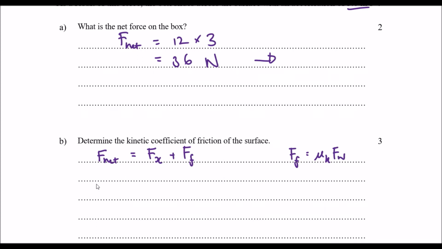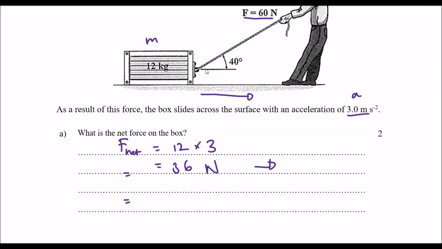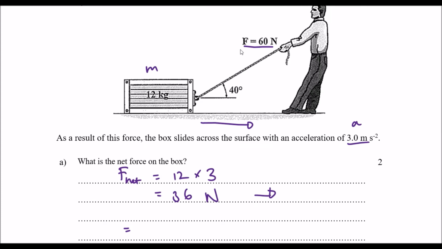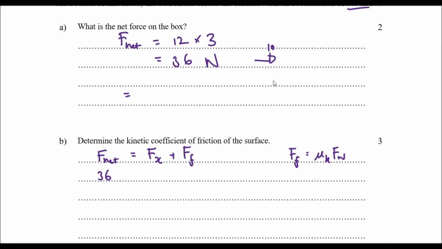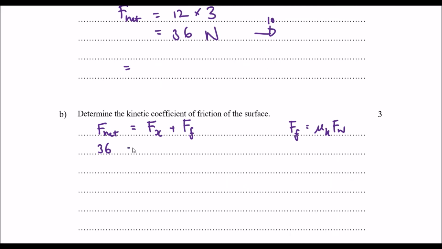Okay, so let's have a look. So we have a net force of 36. The component that we have is 60. This component here would be 60 cos 40. So 60 cos 40, and that is our friction force there.